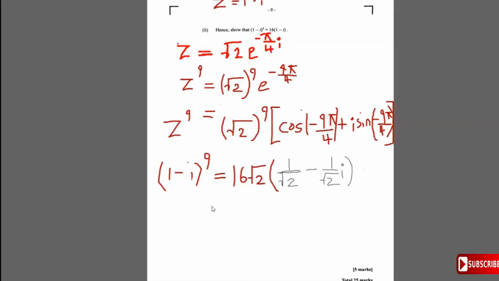And finally, all you have to do now is expand, and so you're going to get 16 times root 2 multiplied by 1 over root 2 is 1, minus root 2 times minus 1 over root 2 is minus i. So we finished. So we proved it. Nice. That takes care of question 1. No issues.